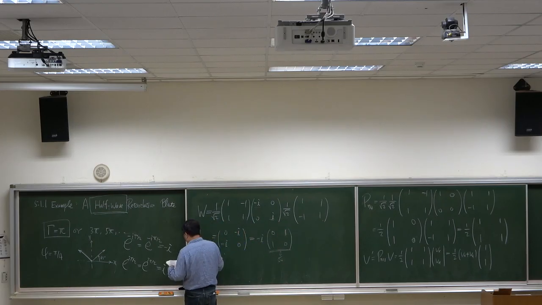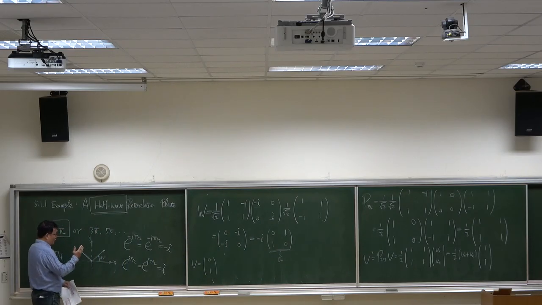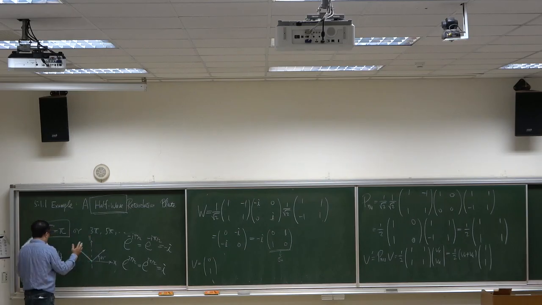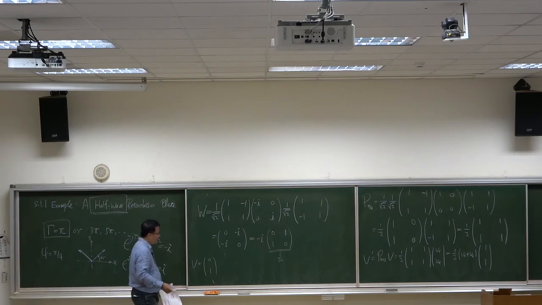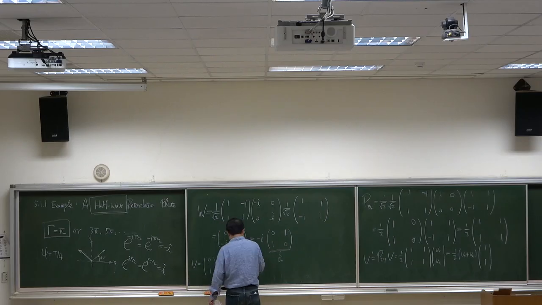So if we choose v to be 0, 1, usually we choose the polarization of incident light to be along the y direction, y polarized light, and we set psi to be 1/4 pi, and we can find the final polarization state.